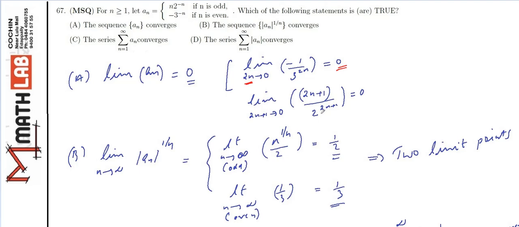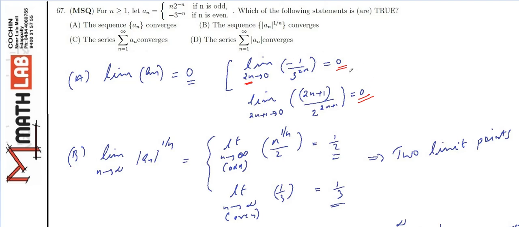So that also converges to 0. And one more thing: we have taken two different paths to go to infinity, and we got the same limit, and that is the only limit here. As this one is a sequence, there is no alternating behavior or anything of that kind.